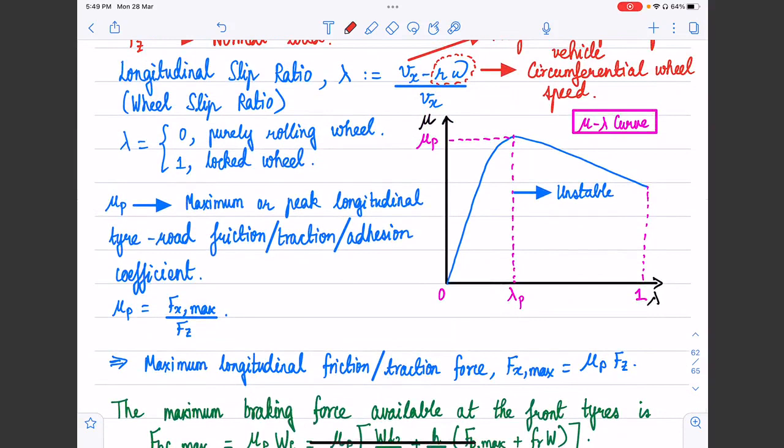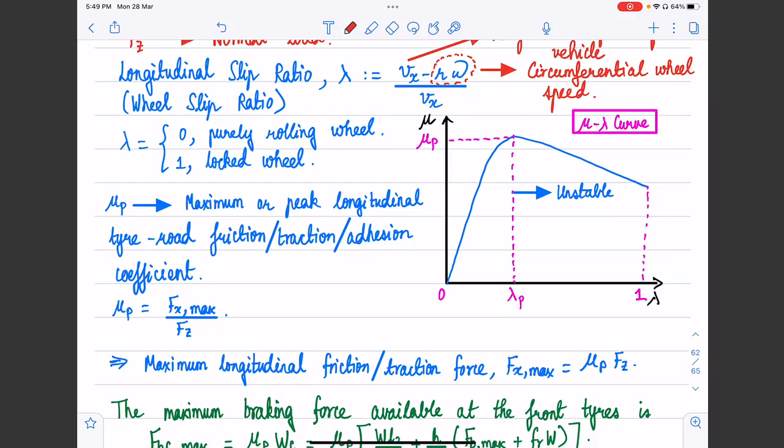Then I will pose the problem as a controls problem, and we will see how one could try to figure out, not the mu lambda curve, but lambda p. That is what we will be interested in. Please give me one class or a couple of classes, and then we'll come back to the same question.